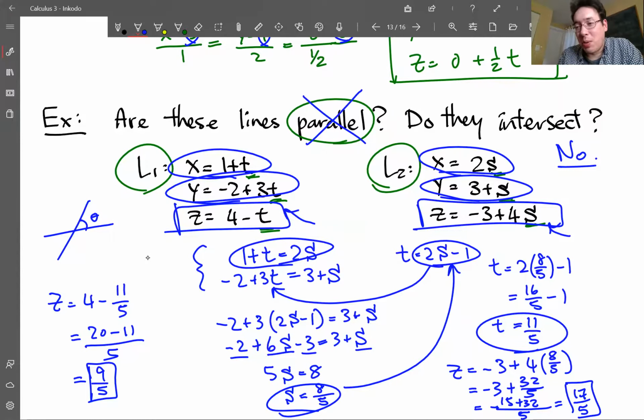To answer that, first you have to make sure that they intersect. Then, if they do, you can use the dot product method to compute the angle between the two directional vectors. You look at the vectors v1 and v2, take the dot product, and use the formula: arccosine of the dot product divided by the magnitudes of each vector, and work out the angle.